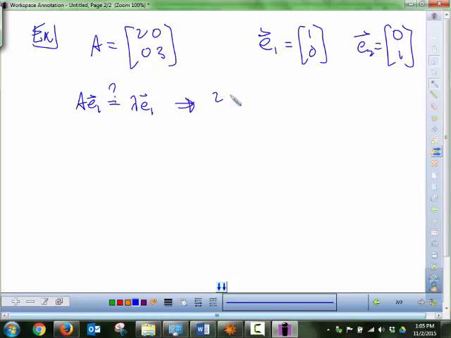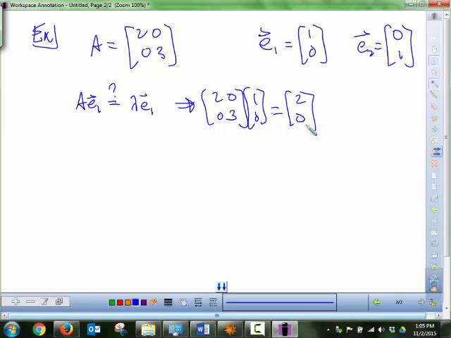So our A is 2, 0, 0, 3. Apply it to 1, 0. And then we get 2, the row times the column, and the second one, row times the column, is 0.